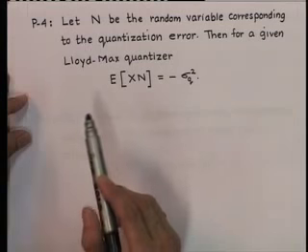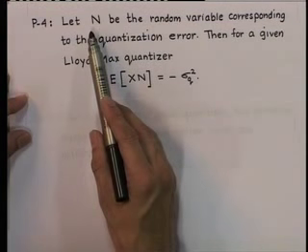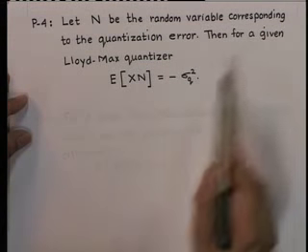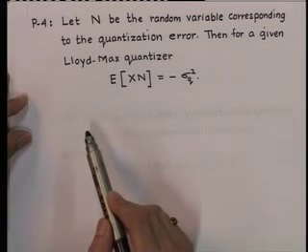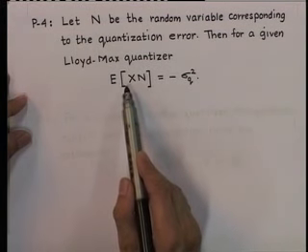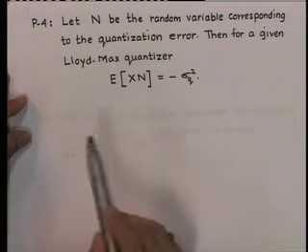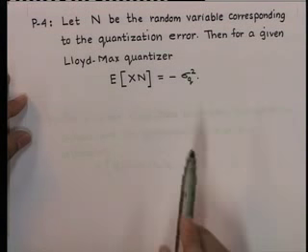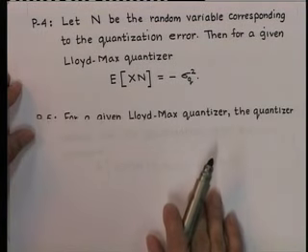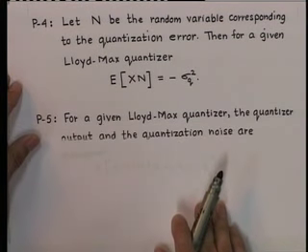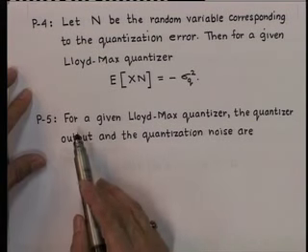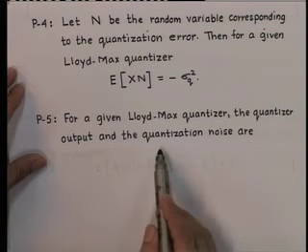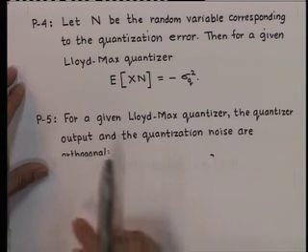The fourth property says that if n denotes the random variable corresponding to the quantization error, then for a given Lloyd max quantizer, the expectation of the random variable x and n is equal to minus sigma q squared. And finally, for a given Lloyd max quantizer, the quantizer output and the quantization noise are orthogonal.